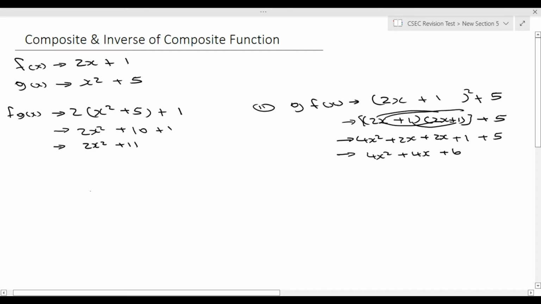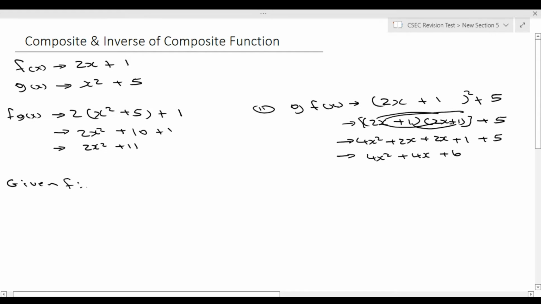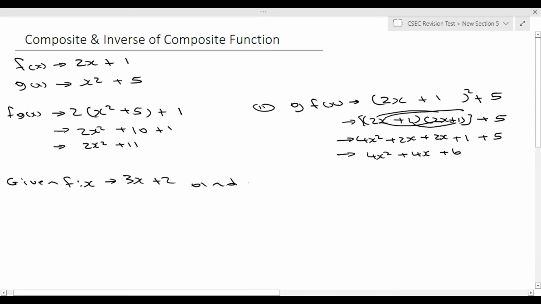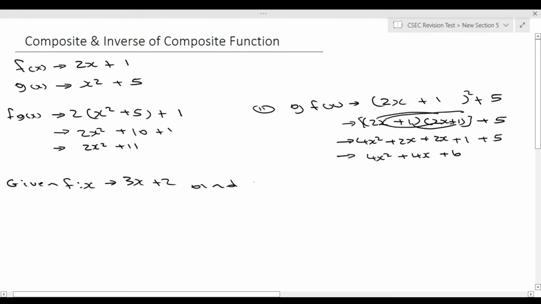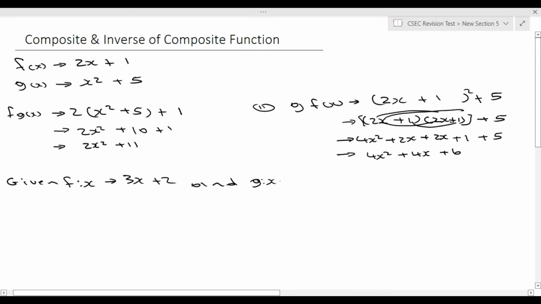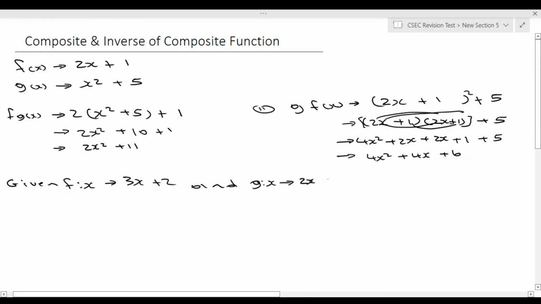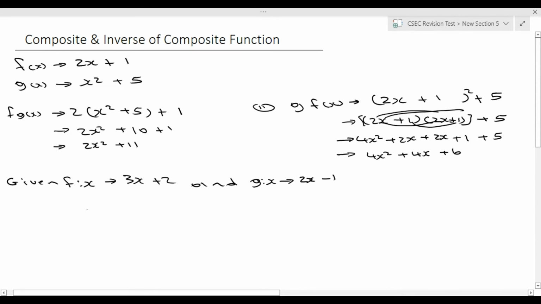We will now look at the inverse of a composite function. In finding the inverse of a composite function, we use the same procedure as for the inverse of a regular function.